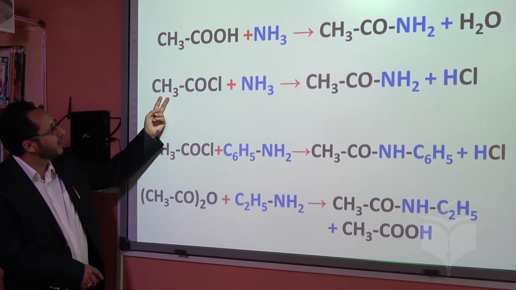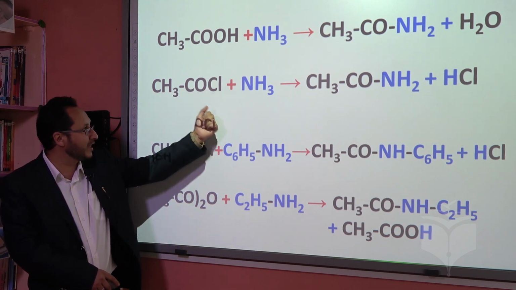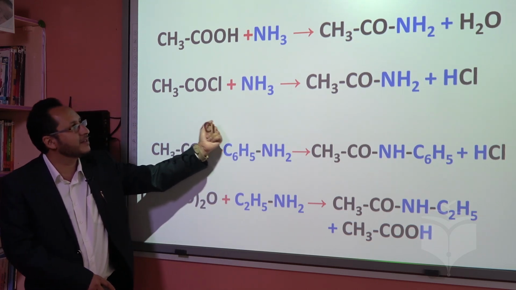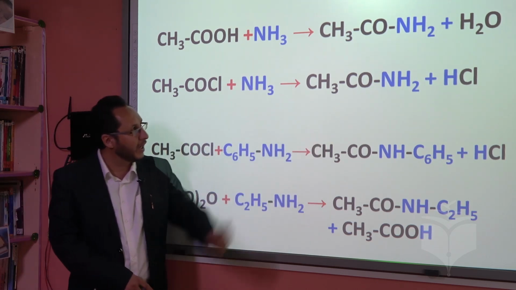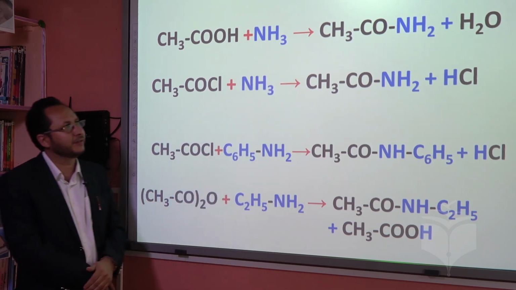Here we have CH3COCl. As I said, you have to remove this Cl with one hydrogen, and here we have NH2, they replace Cl, so CH3CONH2, the same compound, just the side product is different.